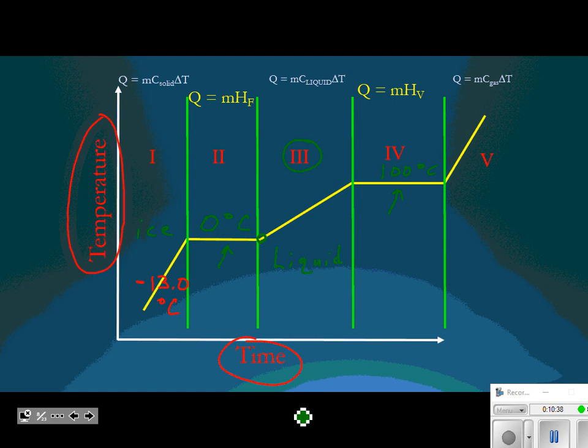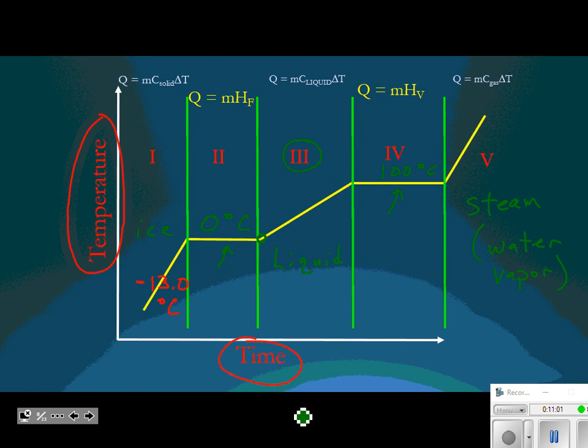So anything over here is what we would call steam, or it could be called water vapor. So area 5 is going to have steam or water vapor. So that's an explanation of our different areas.